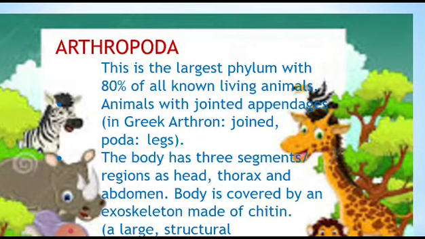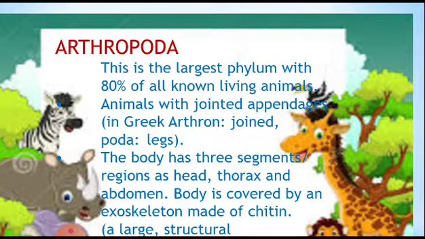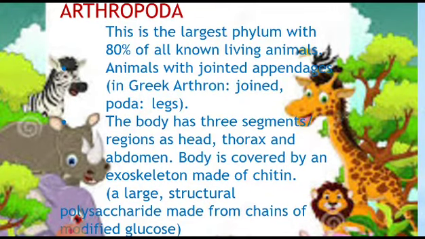Now, when we talk about Arthropoda, this is the largest phylum, with 80% of all known living organisms. These are animals with jointed appendages. In Greek, arthron means joint and poda means legs. The body of these organisms has three regions: head, thorax and abdomen.